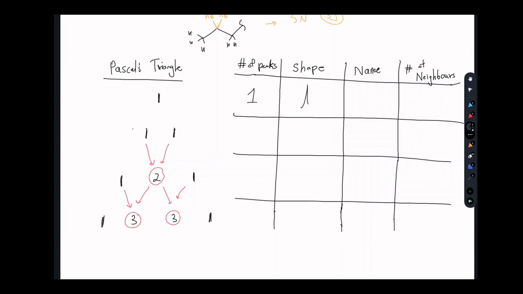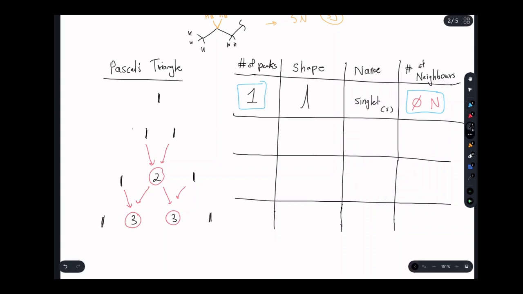The shape is going to look something like this, just 1 peak, and we call this a singlet, sometimes just denoted as lowercase s. Now what this tells us is that we have 0 neighbors nearby. It doesn't tell us the distance, but it just says we have no neighbors, there's no splitting going on. Okay, that makes sense. We'll touch on this idea again, but keep in mind that 0 is the lowest possible number of neighbors you can have, and 1 is the lowest possible number of peaks.